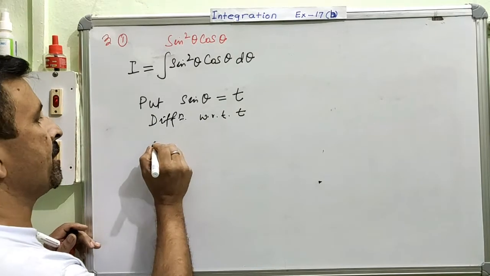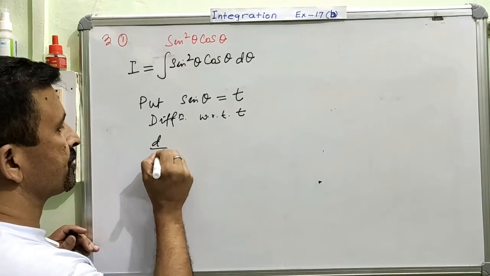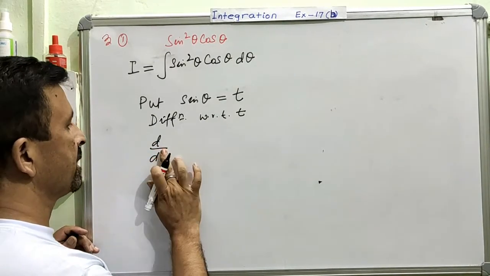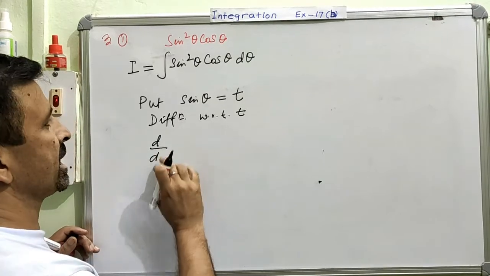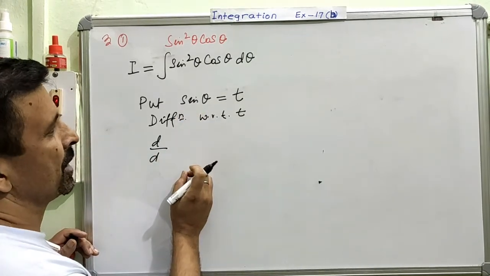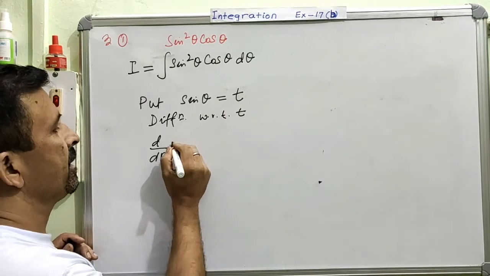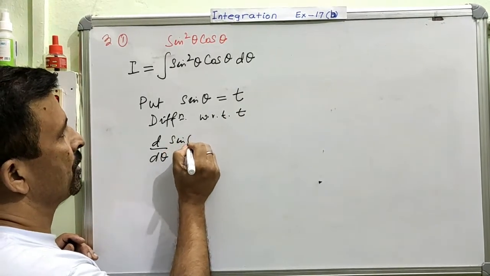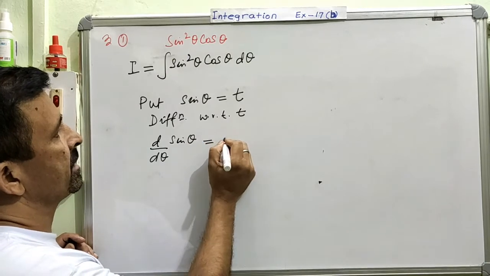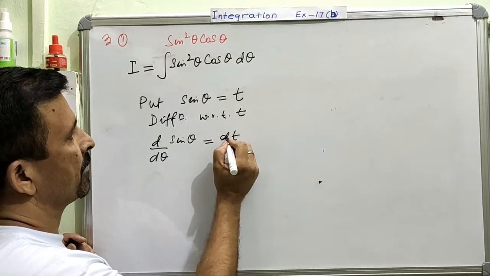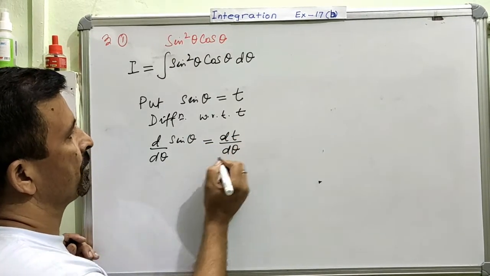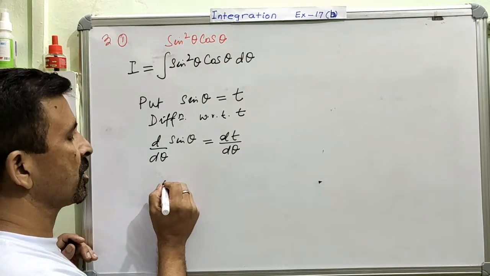So the derivative of sine theta, sorry, dt, because theta is going to be differentiated. So this is sine theta, right, and this is dt over d theta. You know the derivative of sine theta is cos theta.